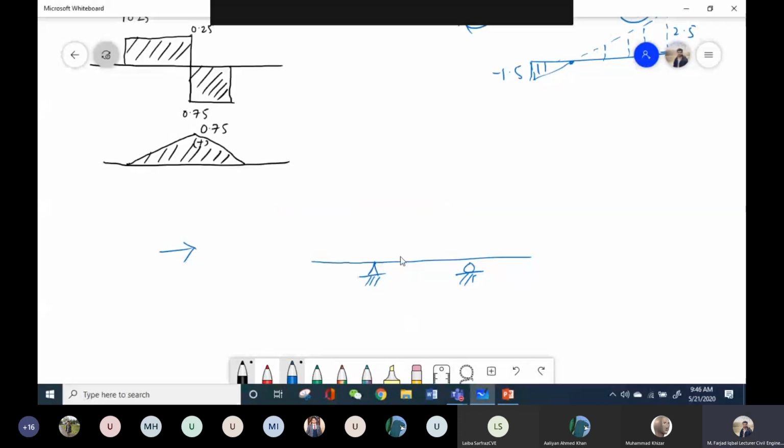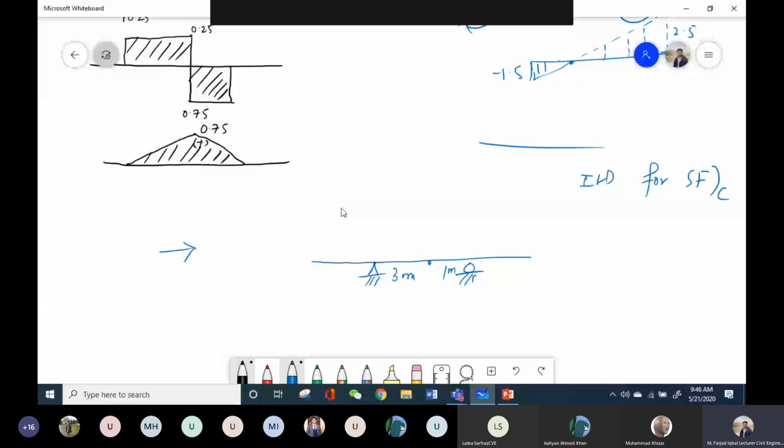For example, this was our beam, right? And if I want to plot the ILD, remember that this is not related to the upper question. This question is finished. We have got the answers for this question. So if I want to plot the ILD for shear force at point C, this one person, I don't know his name yet, but I will try to find out.